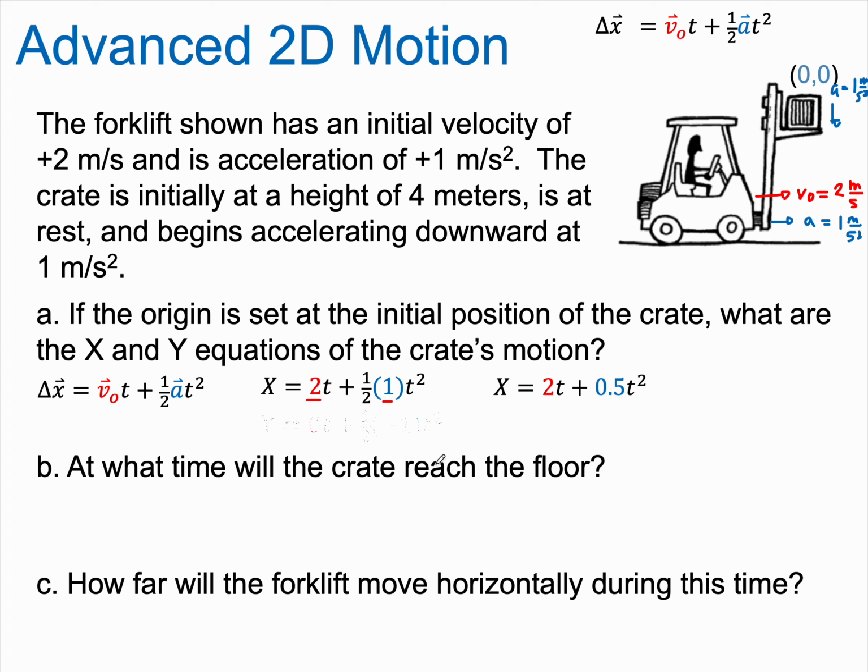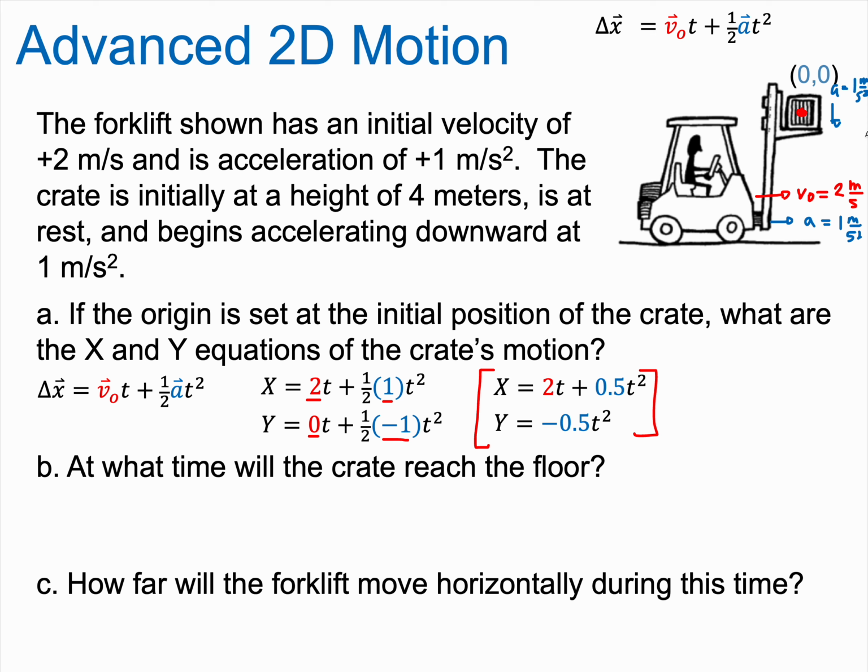Well, using that as the origin, the initial velocity in the y direction is 0, and it's accelerating downward at 1 meter per second squared, so using -1. And so we simply end up with this equation for its y position at any given time. So these two equations describe the x and y coordinates, with this as the origin, of the crate at any single point.